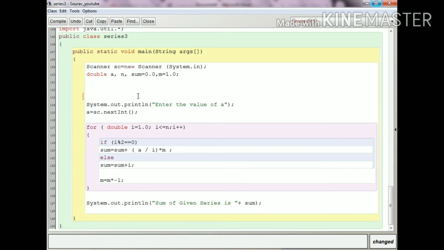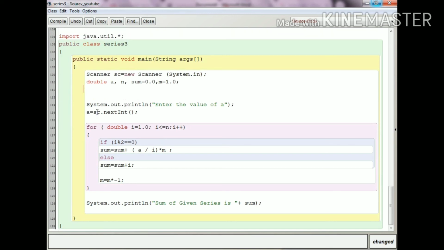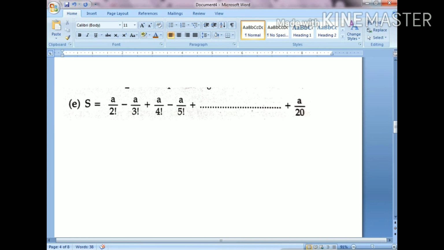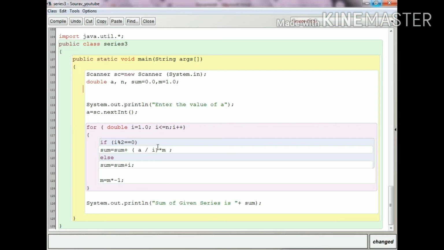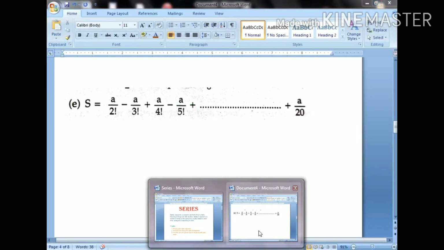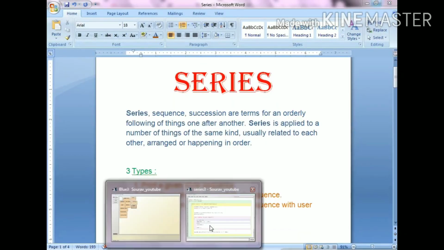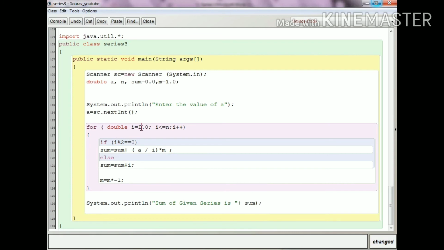Okay, now I use the factorial value here. I need another for loop. It starts with 2, ended at 20. I delete all the lines.